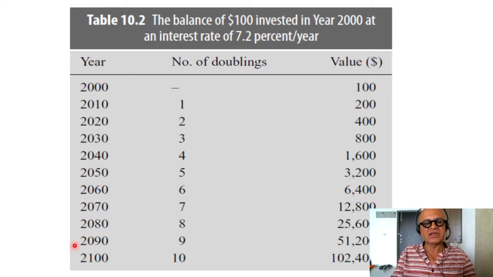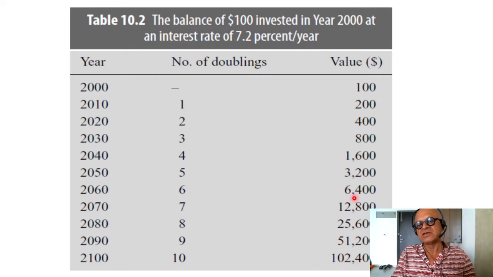And you can see that in 2090, after 9 doublings, you are at 51,200, and by 2100, in the next 10 years, you are going to be $102,400. You're going to be super rich because you doubled in the 10 years.